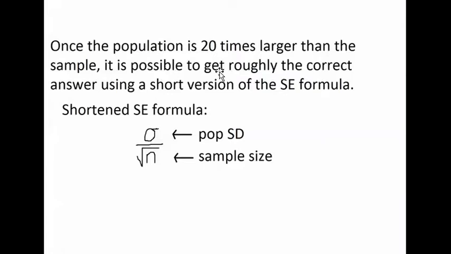So if the population is at least 20 times larger than the sample, it's possible to get a roughly correct answer using a shortened version of the formula that doesn't include the FPC. So we're going to go through some examples in which the population is 20 times larger than the sample, and we're going to show how we can use this shortened formula and still get a roughly correct answer.